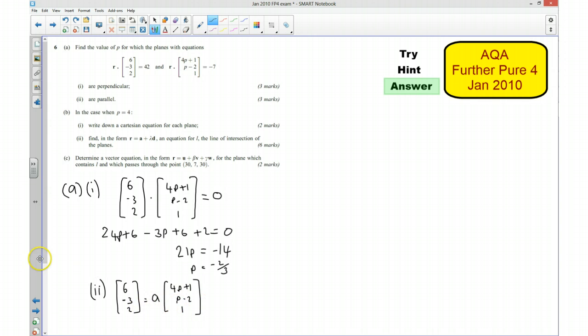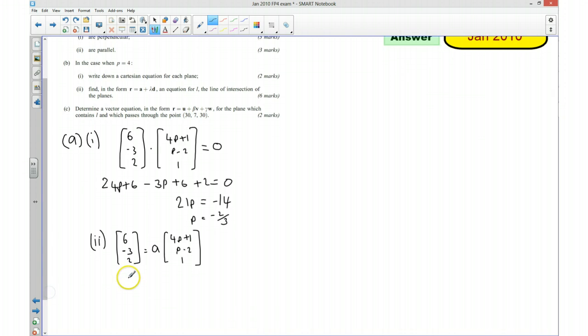So we're trying to say that it's going to be equal to 8p plus 2, 2p take away 2, 2. So we're looking for values of p that are going to make these two numbers the same and these two numbers the same.